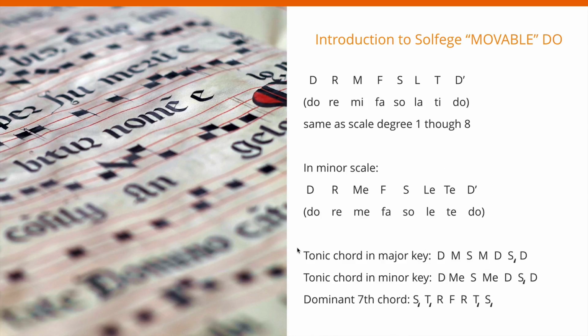So a harmonic minor scale would be do, re, me, fa, sol, le, ti, do, ti, le, sol, fa, me, re, do. So there you go. Natural minor and harmonic minor scales.